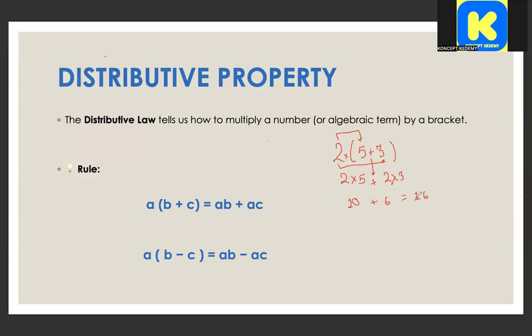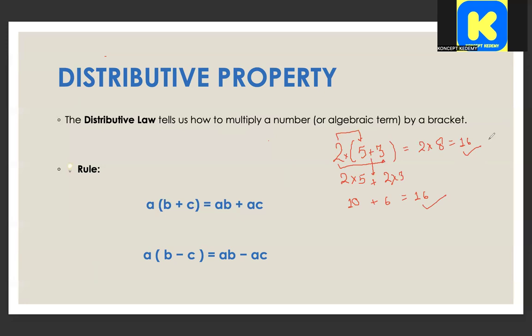If you recall what we did just 1 minute ago using the BODMAS method, we added the thing inside. So this becomes 2 into 5 plus 3, 8, and 8 twos are 16. So in both situations, using both methods, we are getting the same answer.